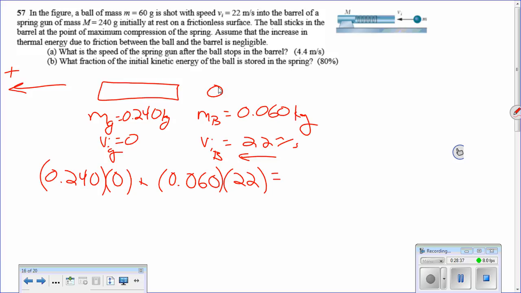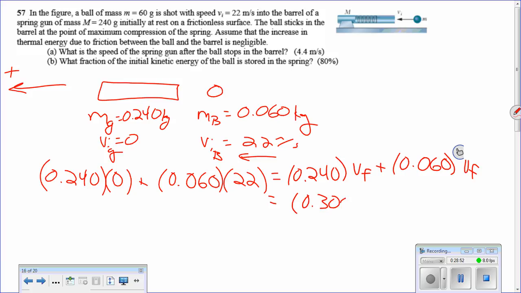Does that make sense? Okay. So we're going to get 0.240 times VF plus 0.060 times VF. You certainly could have combined that in one step if you wanted to. So you get 0.300 VF equals whatever this gives you.